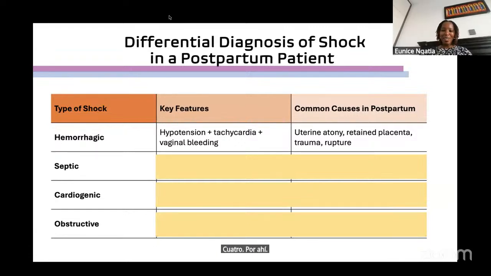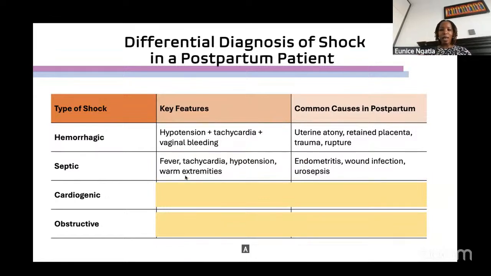So good. Also, someone had mentioned something about cardiogenic shock. In this patient, we are likely to also have a differential diagnosis of cardiogenic shock. What are the features of cardiogenic shock that you will be looking out for in this patient?